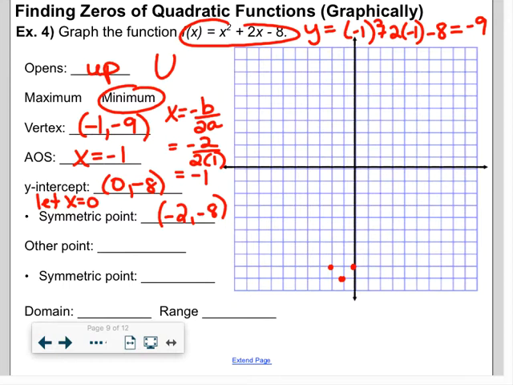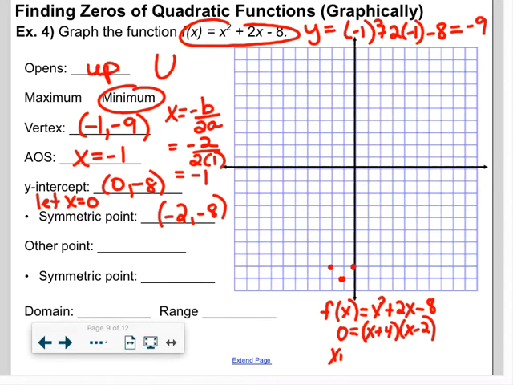Here's something interesting, where I have f of x equals x squared plus 2x minus 8. If I set it equal to 0 and factor it, do you see that it factors into x plus 4 times x minus 2?